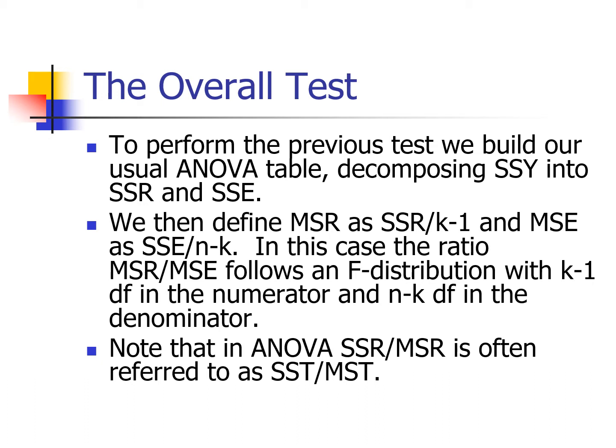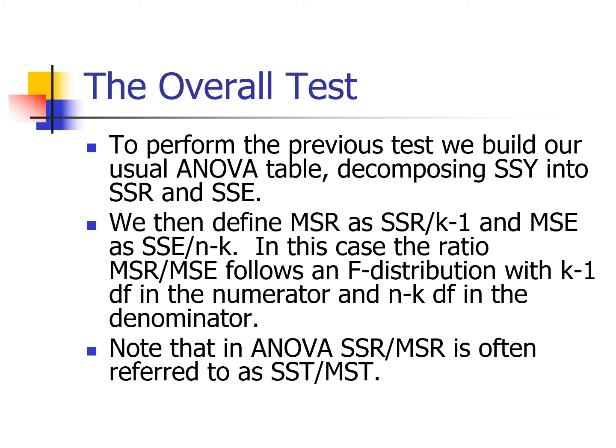Now, to perform this test, we build the usual ANOVA table that decomposes SSY, the overall inherent variability in Y, the variability in healing time for these fever blisters, into SSR, the amount of variability explained by the treatments, and the remaining leftover variability, SSE.